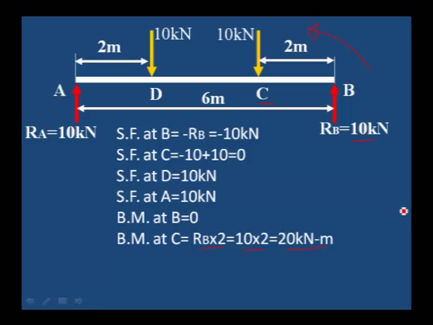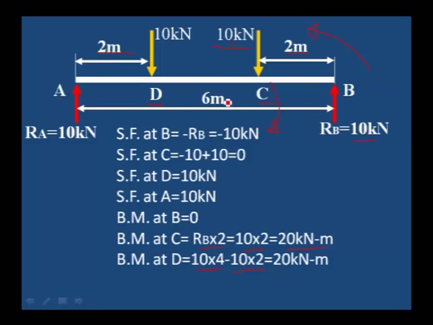Bending moment at D. How to calculate this: RB into the distance from D to B, that is 10 into 4, where 4 is the distance from D to B, minus, because it is a clockwise moment, the 10 kilonewton into the distance from C to D. Total distance is 6 meter minus 2 meter minus 2 meter, since two sides have 2 meter each.